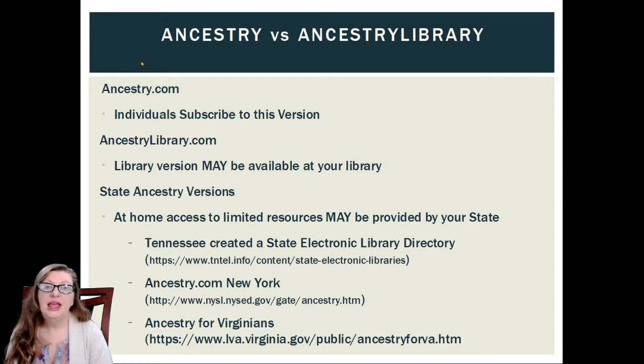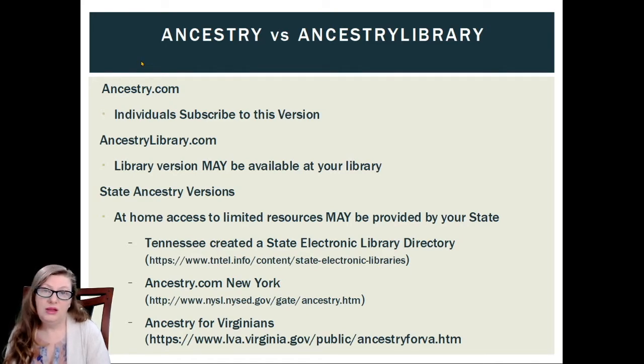You log in at ancestry.com, and you type in your username and your password. If it's an institutional subscription for Ancestry Library, you have to access it within that entity that is subscribing to Ancestry Library. So if it's a public library that is subscribing to it, you would use either the library's computers or the library's Wi-Fi in order to get to Ancestry, and you would log in under ancestrylibrary.com.